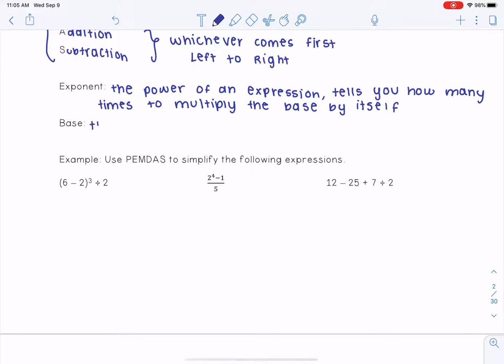And the base is the value being taken to some power.